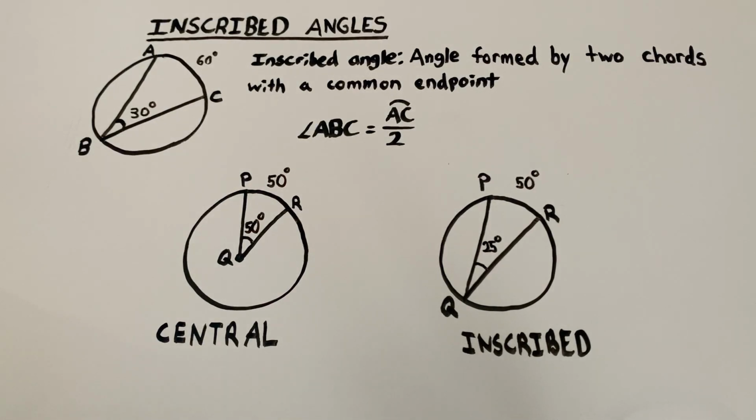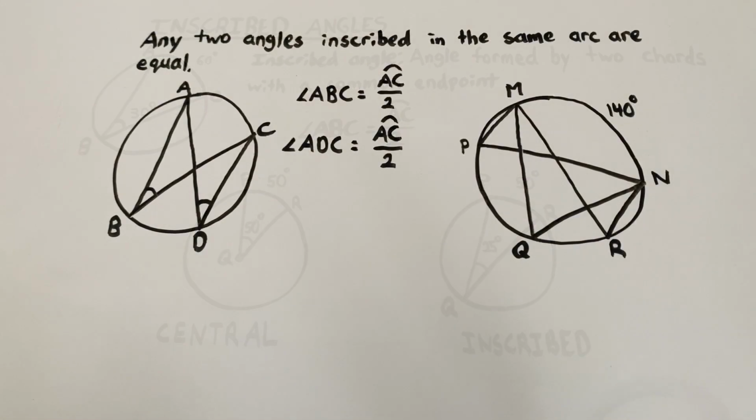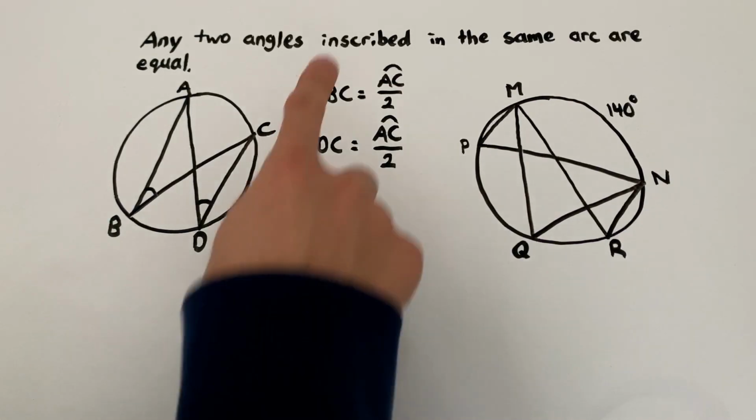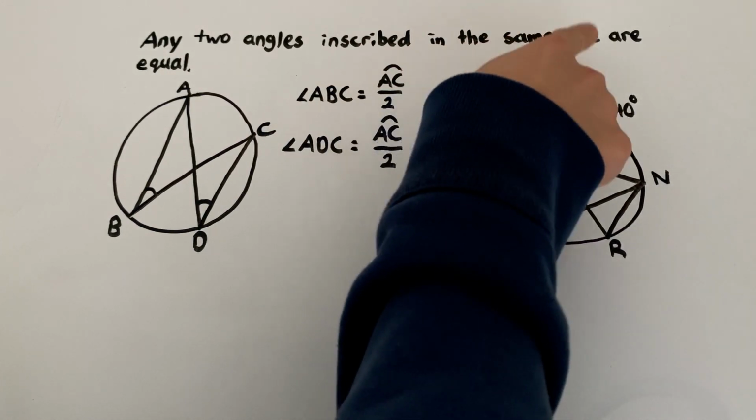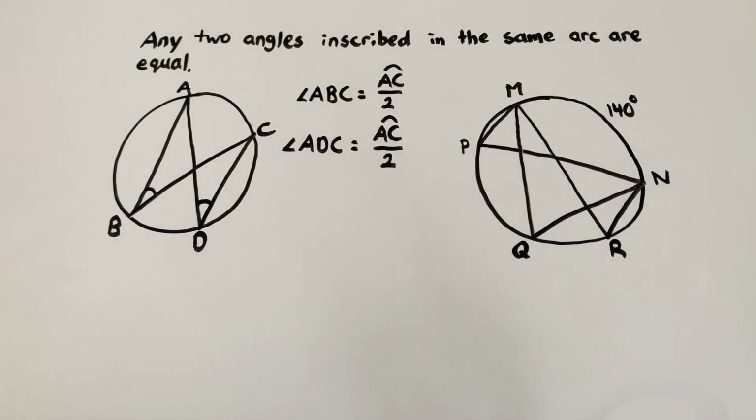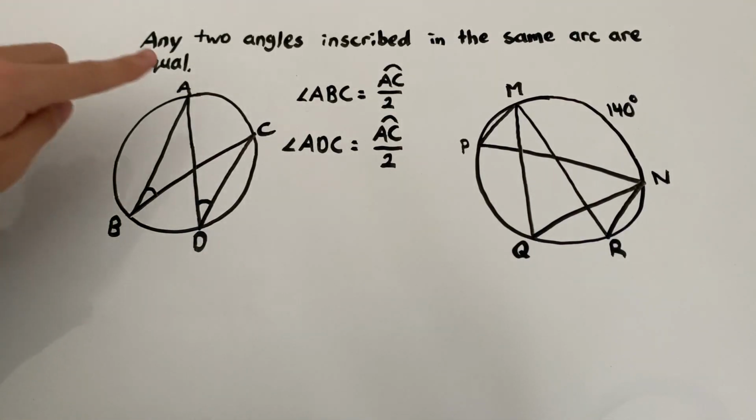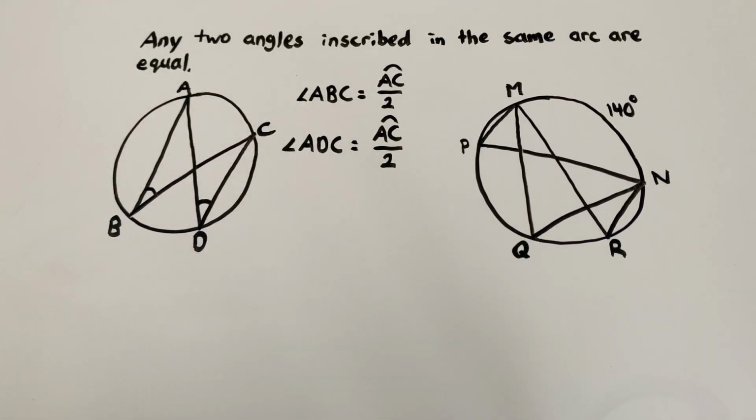And now we're going to take a look at another interesting and useful relationship for inscribed angles. The next useful relationship we have is that any two angles inscribed in the same arc are equal. If you recall the first property of inscribed angles, then this should come as no surprise. So in this diagram, angle ABC is inscribed in arc AC, so it's equal to arc AC over 2.